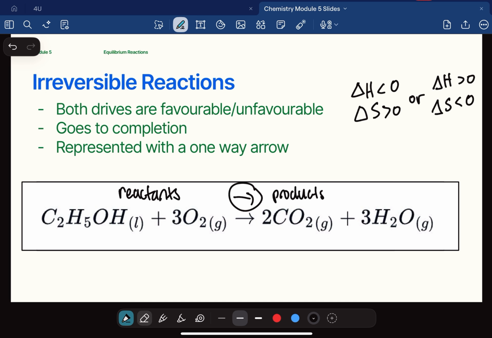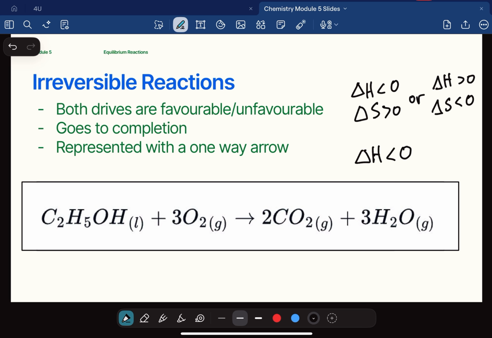So we use only a one-way arrow. In this reaction, for combustion, the delta H is always negative, and this is because the products are more stable than the reactants.